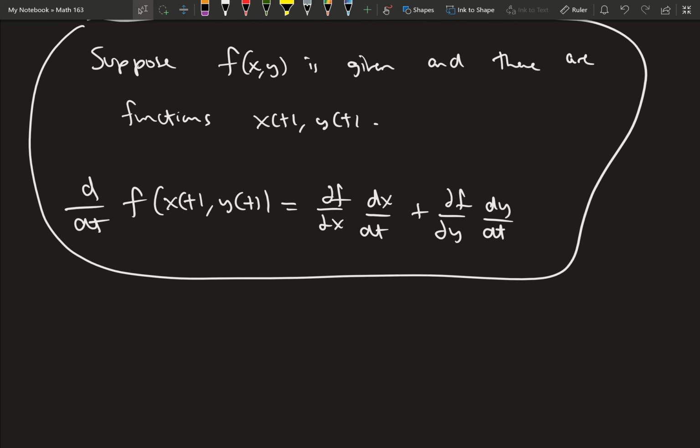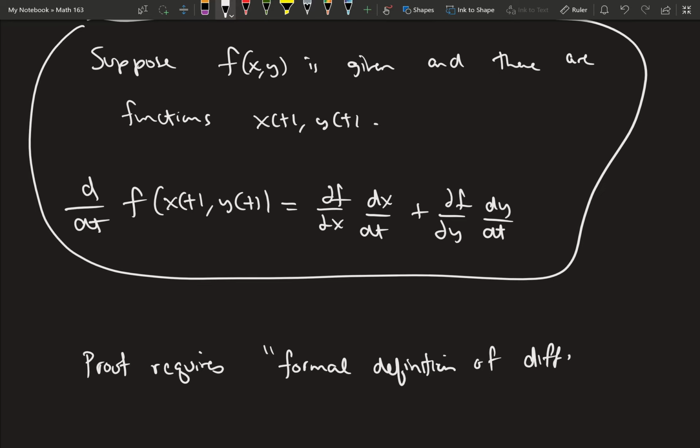And how do you show this? So the proof is, I'm not really going to show it, but the proof requires what's called a formal definition of differentiability.